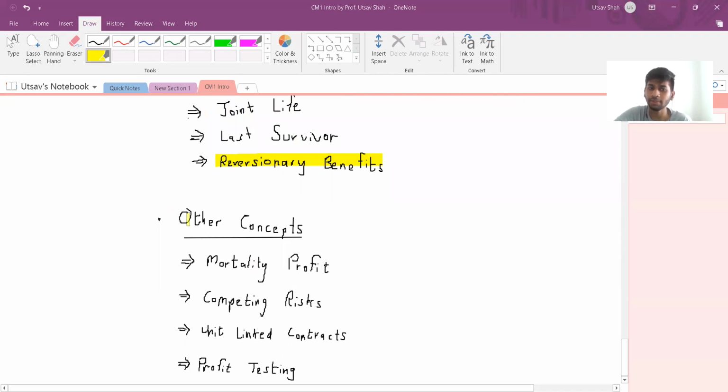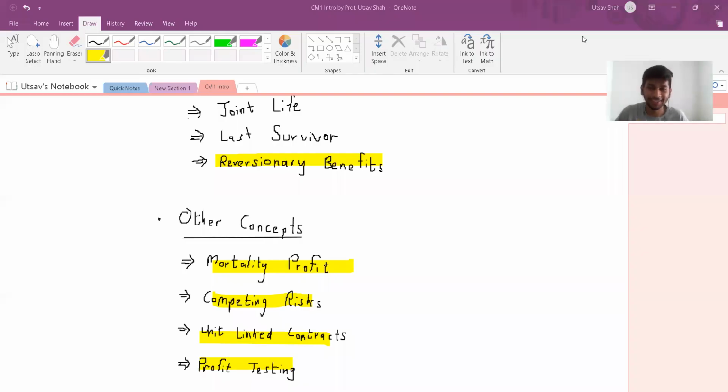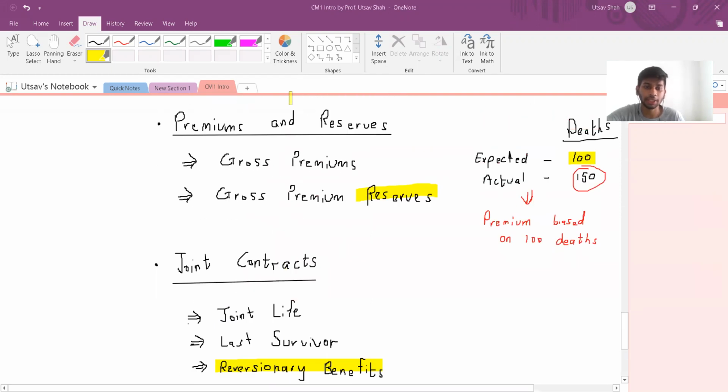Then there are some other concepts. These are mortality profits, competing risks, unit link contracts, and profit testing. Now, all these are words where you're like, oh, what are these words? Where did they come from? So, sorry about that. Okay, so where was I? Yeah. All these concepts, you won't get them yet, because they are based on the earlier concepts, and that will take time.